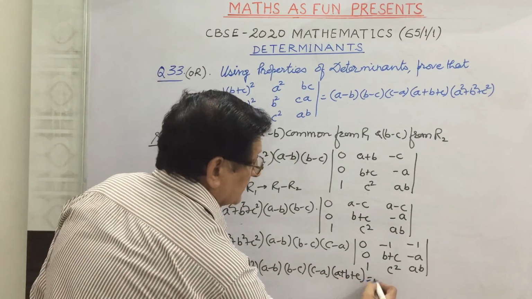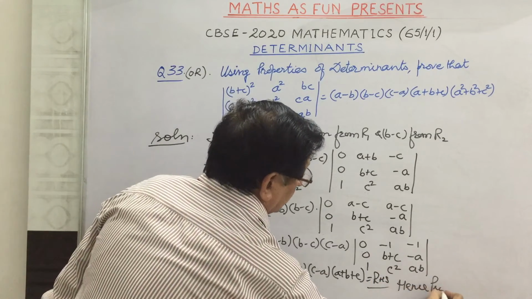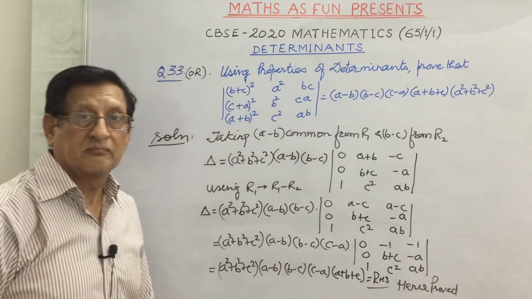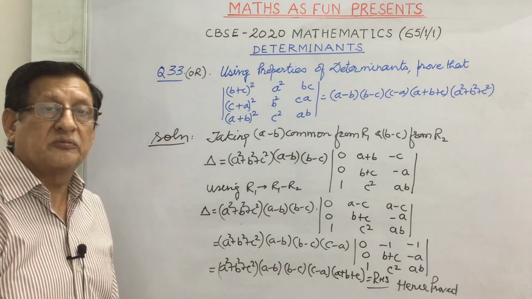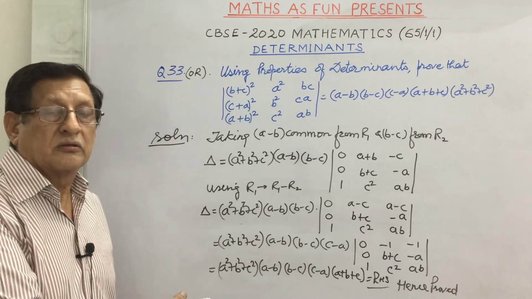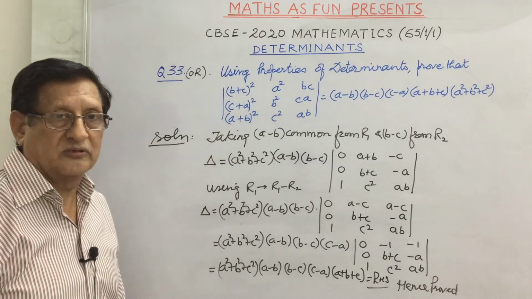So this we can write is the RHS, hence proved. So like this, the problem on the determinant can also be simplified, can also be proved by using the properties.